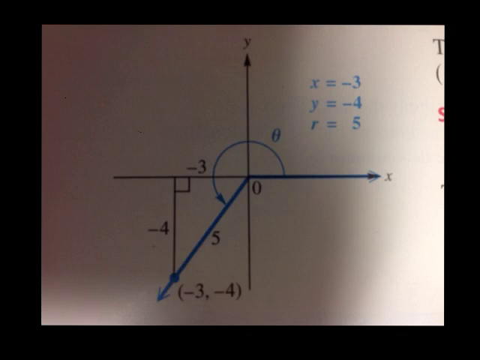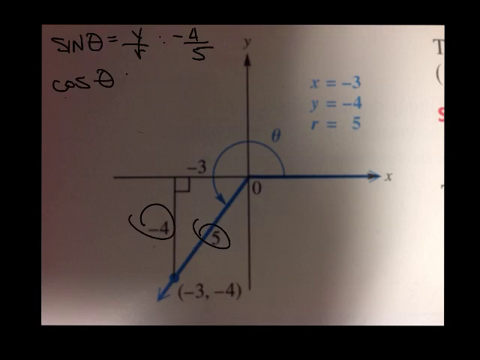So let's look at the sine. Sine of theta is going to be -4 over 5. It's going to be y over r. And then if we want to find the cosine of theta, that's going to be -3 over 5.